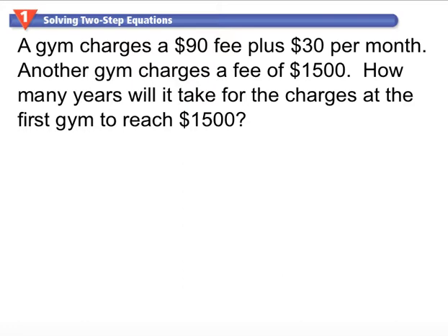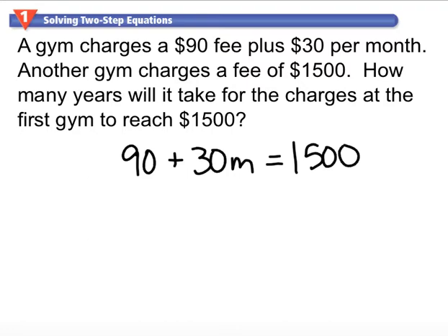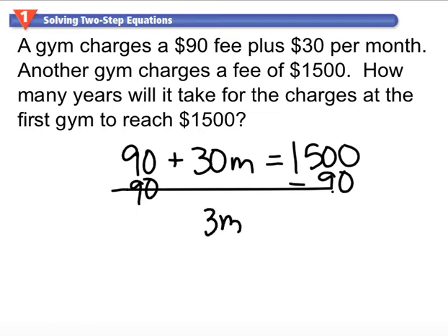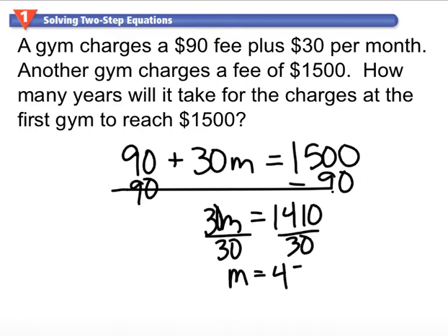Well, if the first gym is $90 fee plus $30 per month, and I want that to eventually equal $1,500, I have just set up my equation, which I can then subtract 90 and get 30m equaling 1410. If I divide by 30, I get m equals, I believe, 47, which means it's going to be 47 months or 3 years and 11 months until we have the same price.